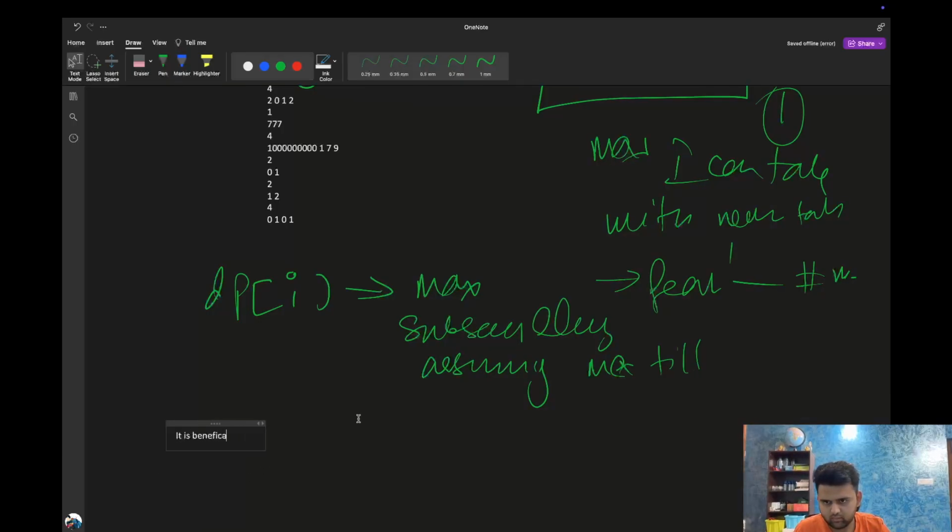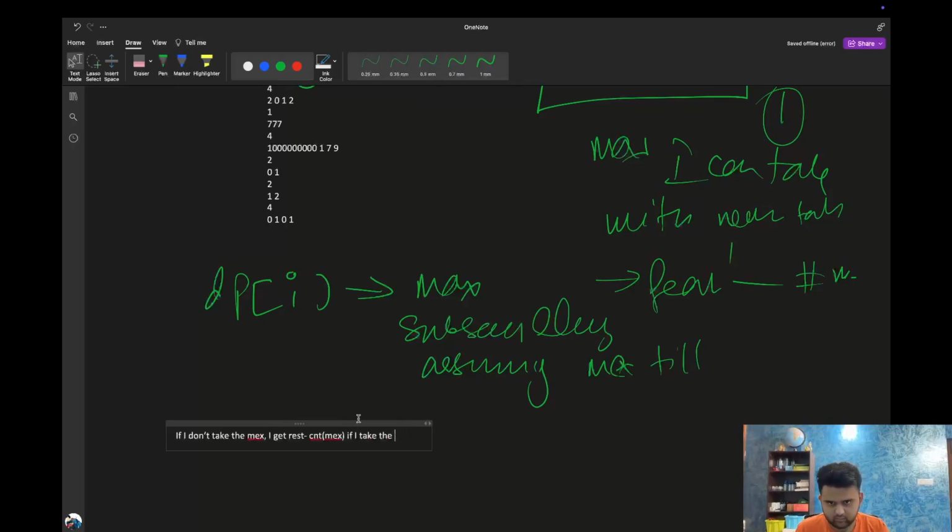It is beneficial to take the max only if there is exactly one max, and okay, if I don't take the max, I get rest minus count of max.